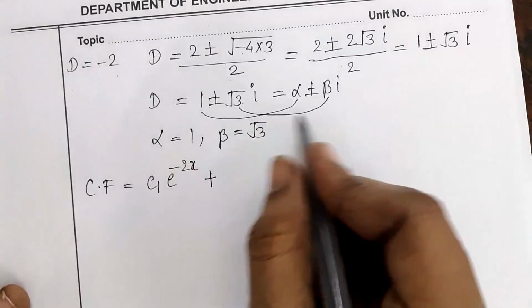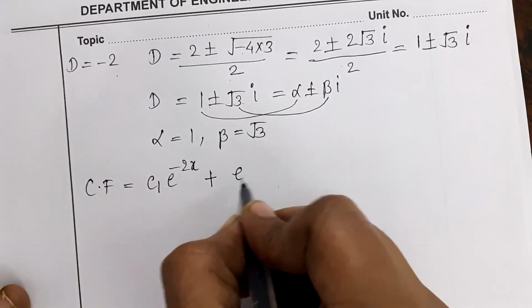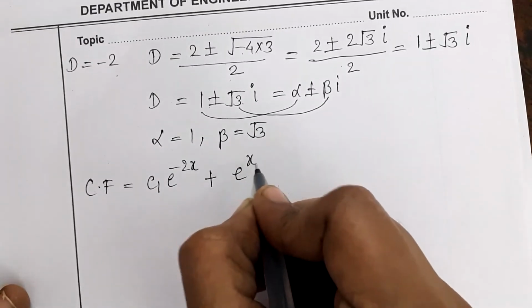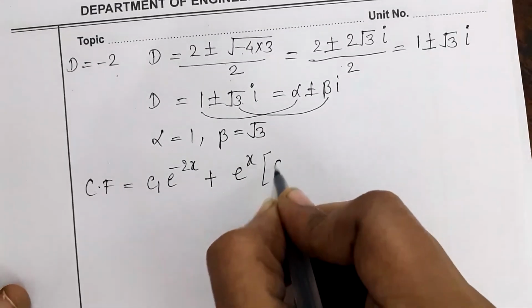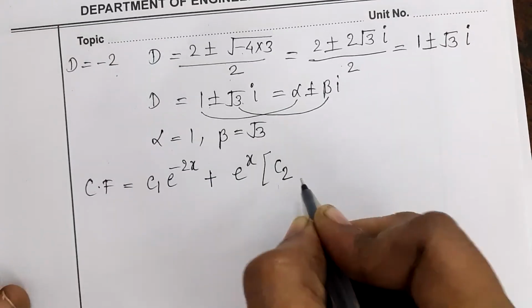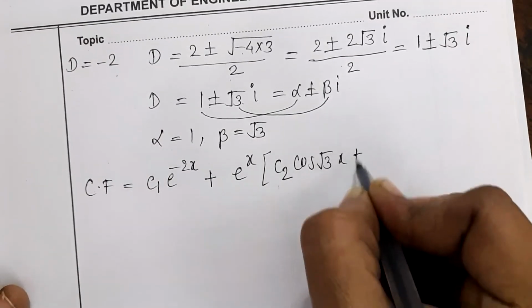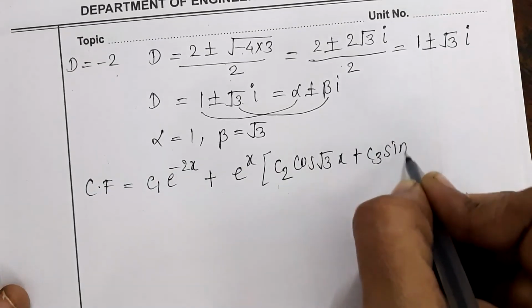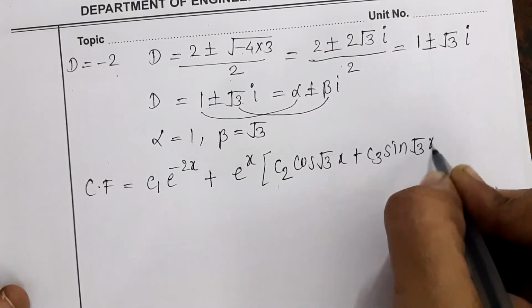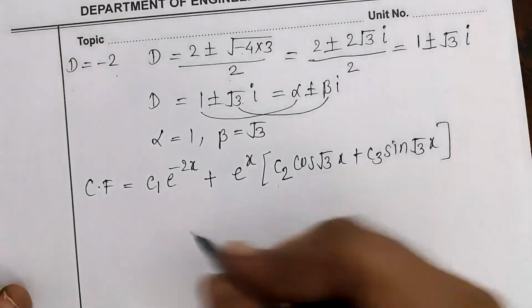The other two roots are imaginary, so it is e to the power alpha x, alpha is 1, in brackets, c1 is over, so we write c2 cos of beta x plus c3 sine of beta x. So this is the CF.